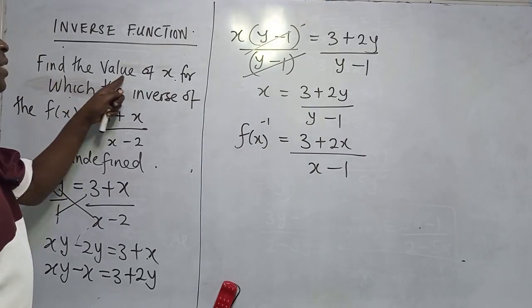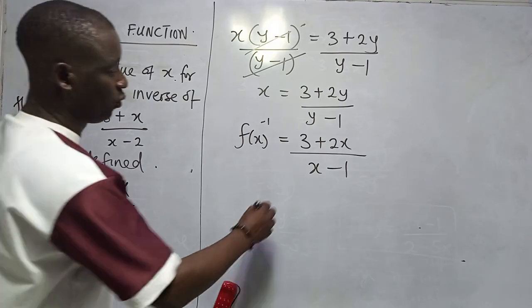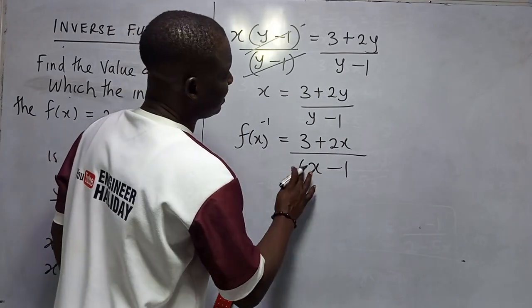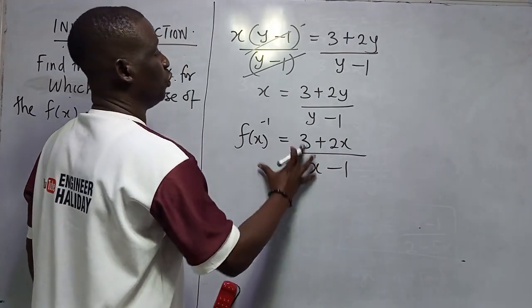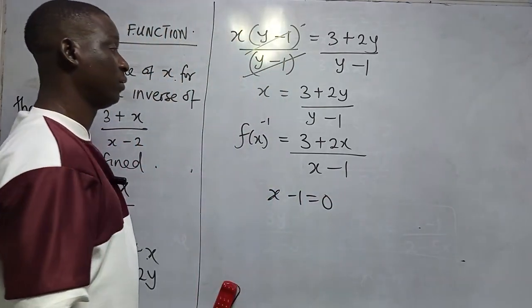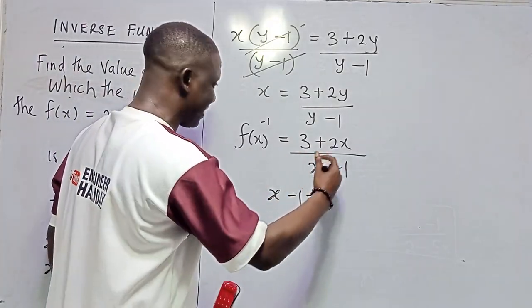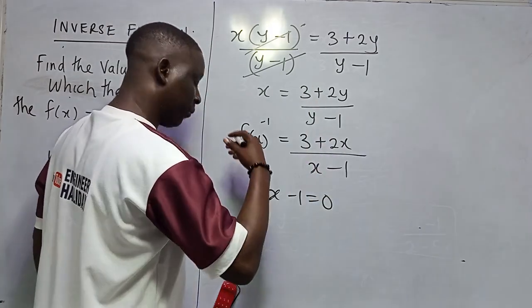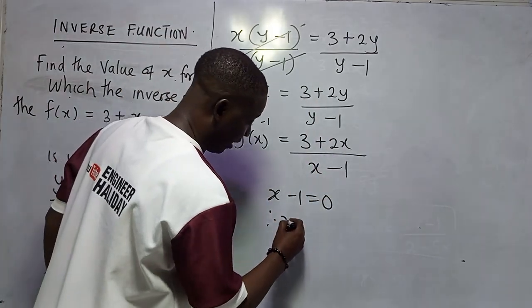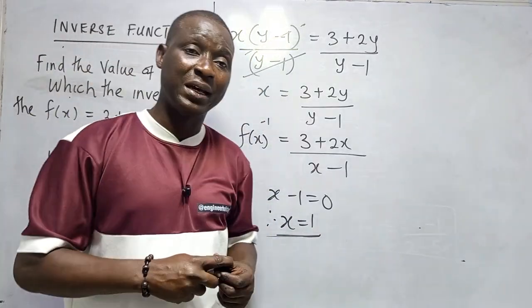Now, when they say find the value of x for which the inverse is undefined, the only thing that can make this function undefined is when x minus 1 is equal to 0. Because if the denominator equals 0, the entire inverse function becomes undefined. So x equals 1. That will be the value of x.